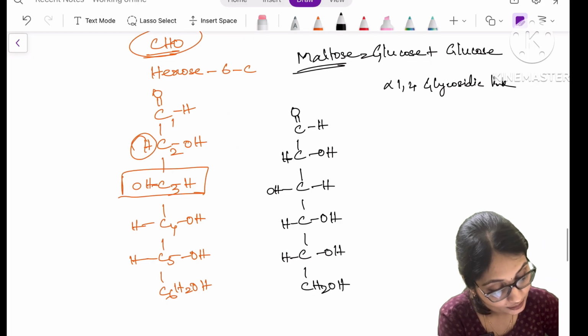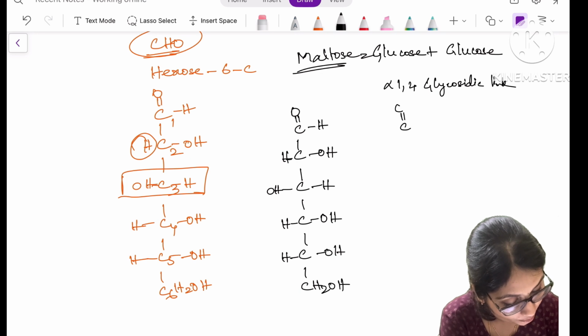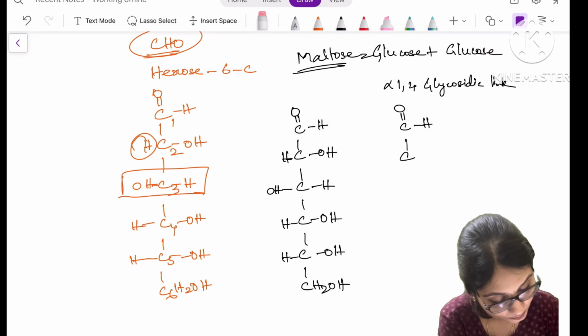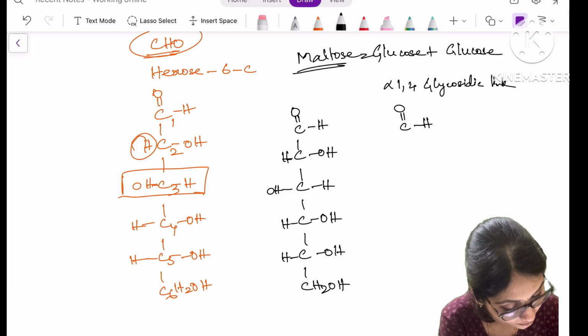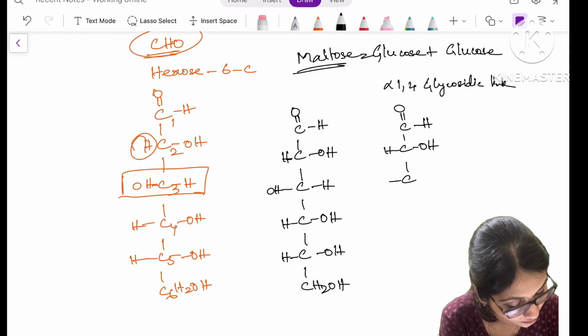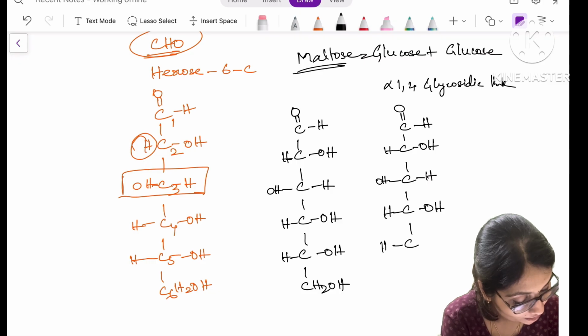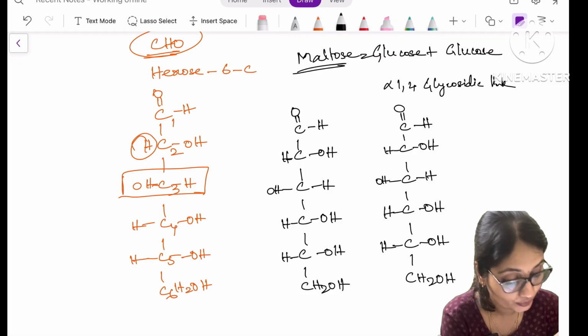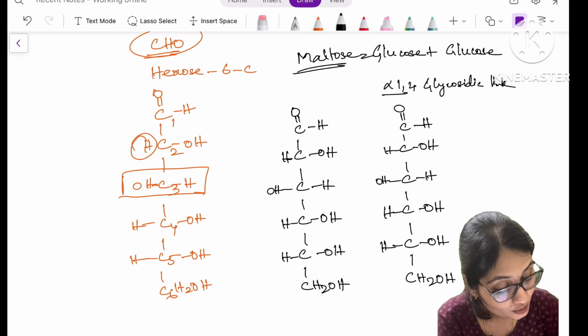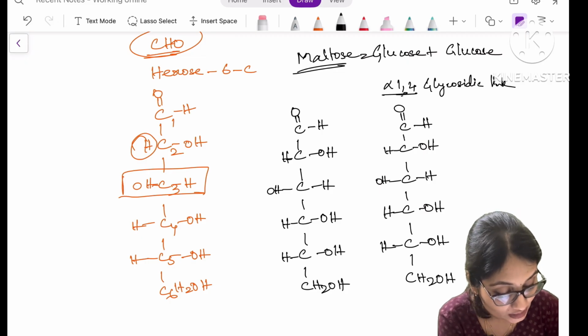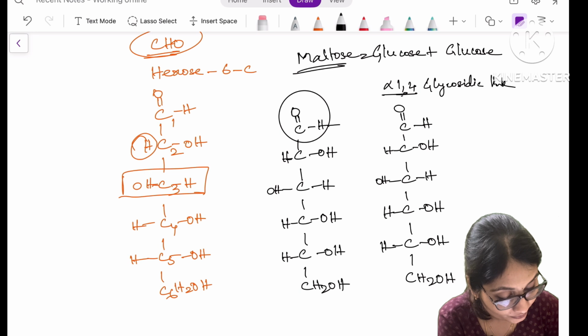Now let me draw another glucose here, parallel to it: C double bond OH, CHOH, COH H, CHOH, CHOH, and then CH2OH.